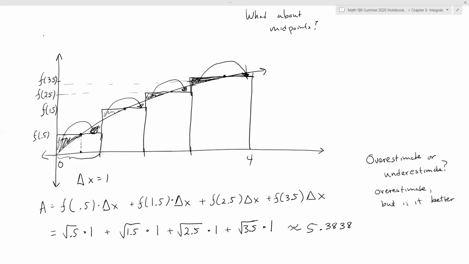So is it better? The answer is yes. The midpoint one can give us a much better estimate than both the left and the right, and most of the time the midpoint area is going to be a better estimate than the left or the right.